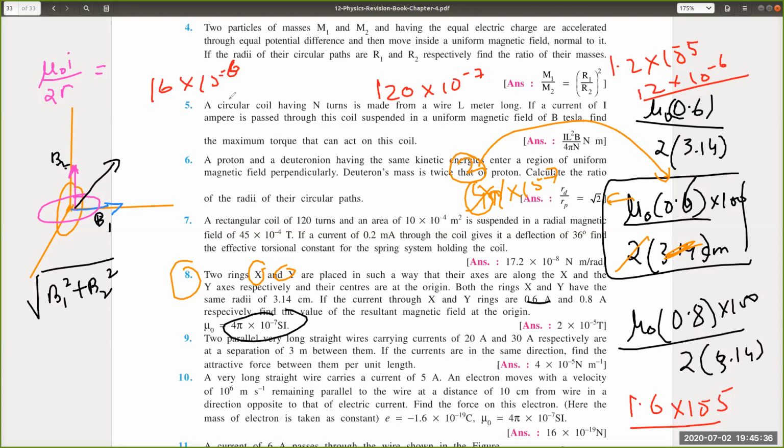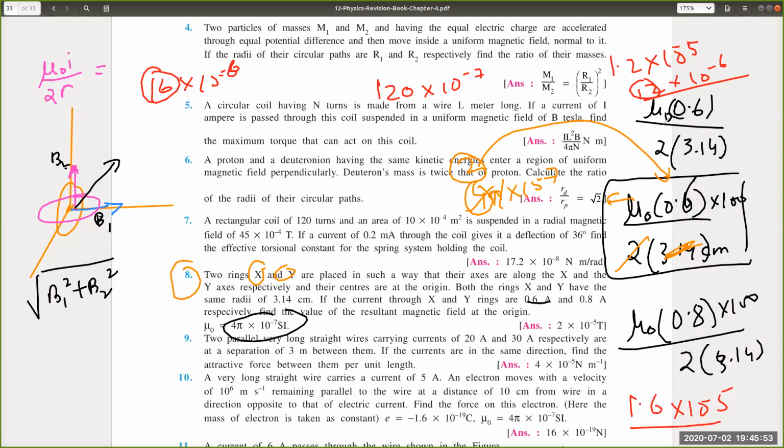So for 12 and 16, what is the Pythagoras addition? 12 square is 144, 16 square is 256, plus 144, you'll get 400.